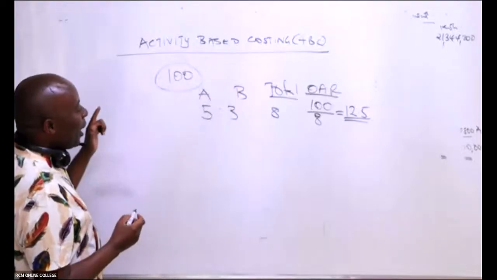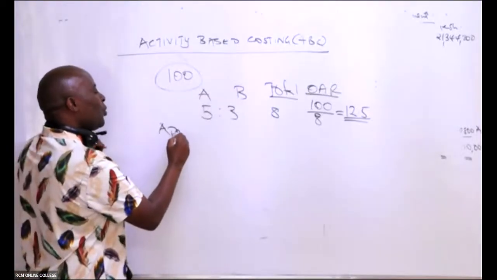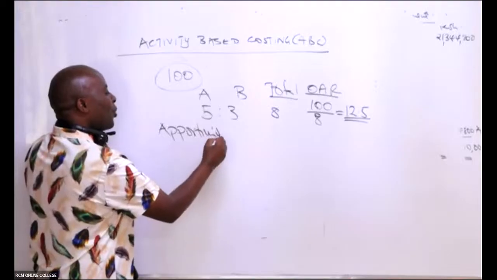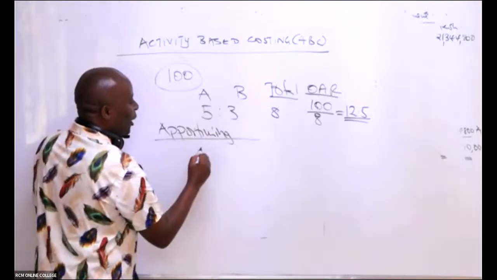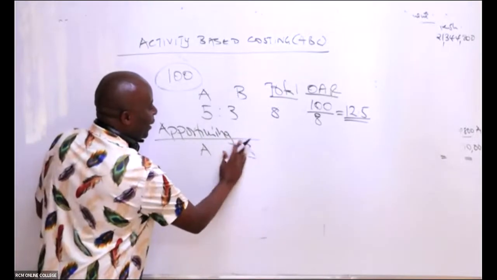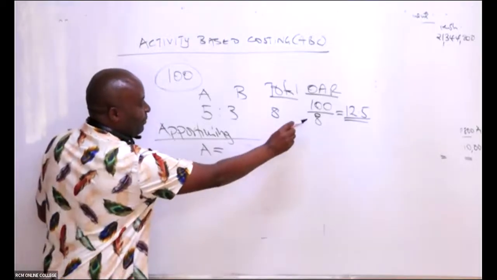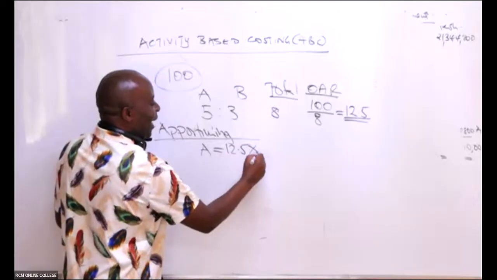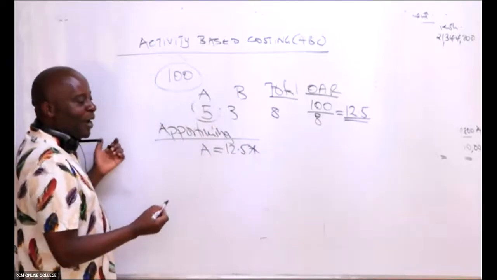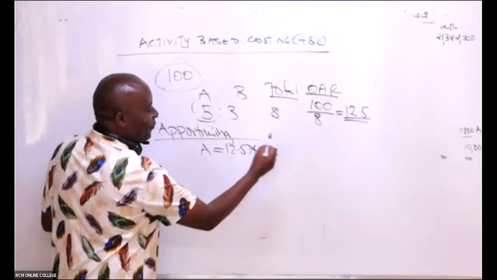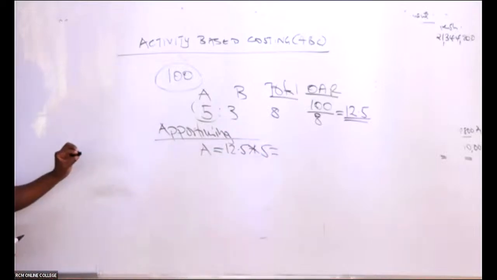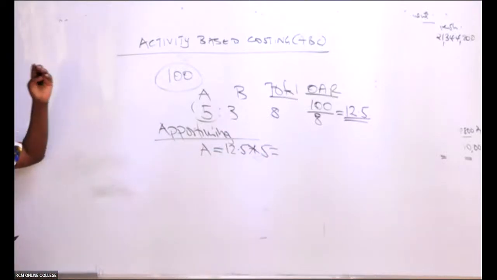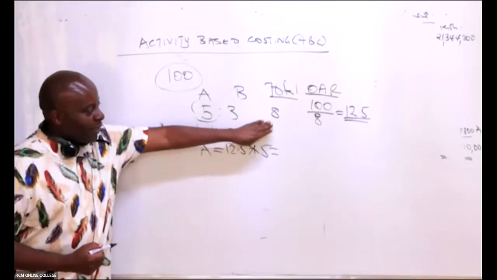So when I'm apportioning the money, instead of using the fraction approach, I will say that A is supposed to be consuming 12.5 per unit. A has got 5 units. In the OAR approach, you take the total overhead and divide it by the total activity units.